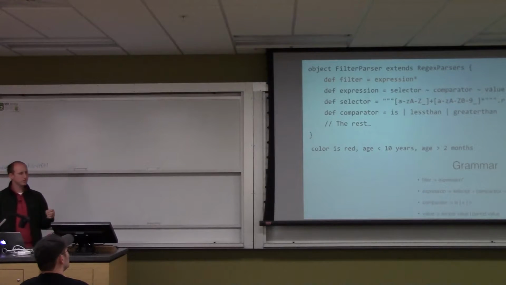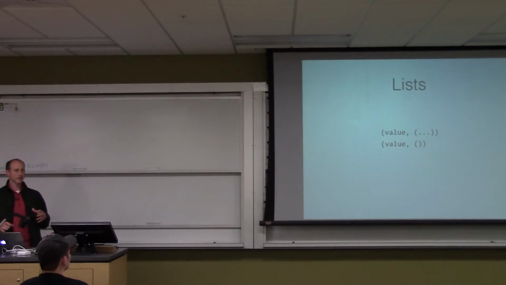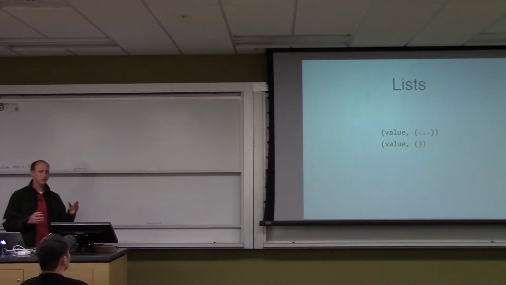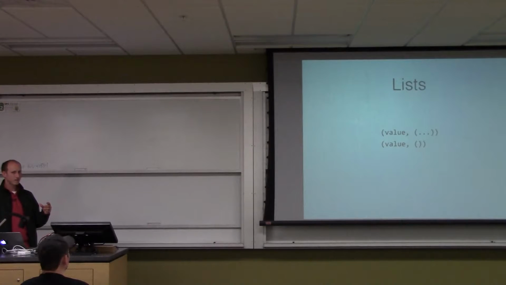There are multiple ways to define a list of things, and I like to break it down into parts. For me, it's easier to think about how a lot of functional languages, like Racket or Scala, define lists. A list is really one of two things: a value with the rest of the list, or a value and an empty list.